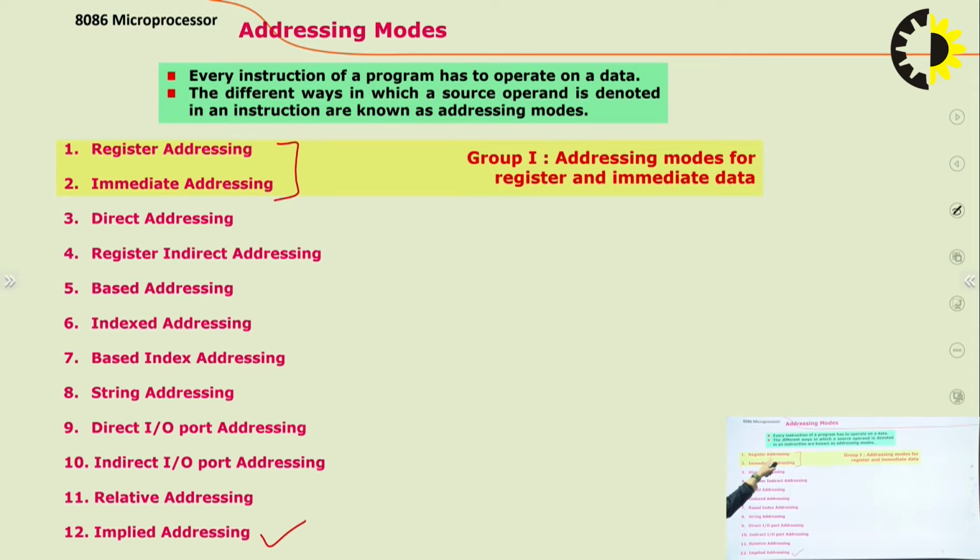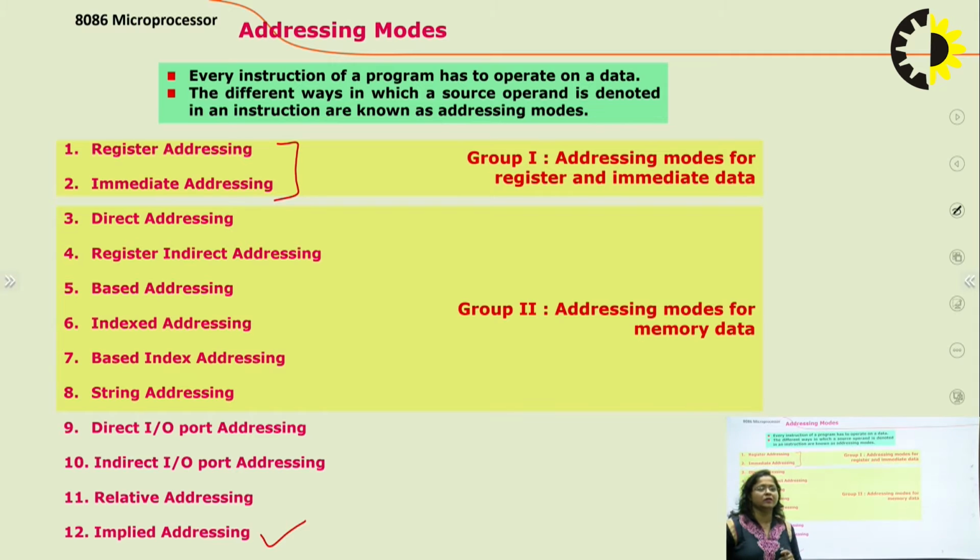Group 1 consists of the register and immediate data addressing modes, where the operand is specified either in a register or as immediate data. Group 2 consists of various memory addressing modes. As we have seen, the effective address can be a base register, index register or displacement.